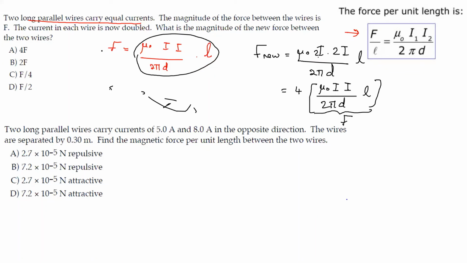That means when you double the current in each wire, your force is 4 times the old value.